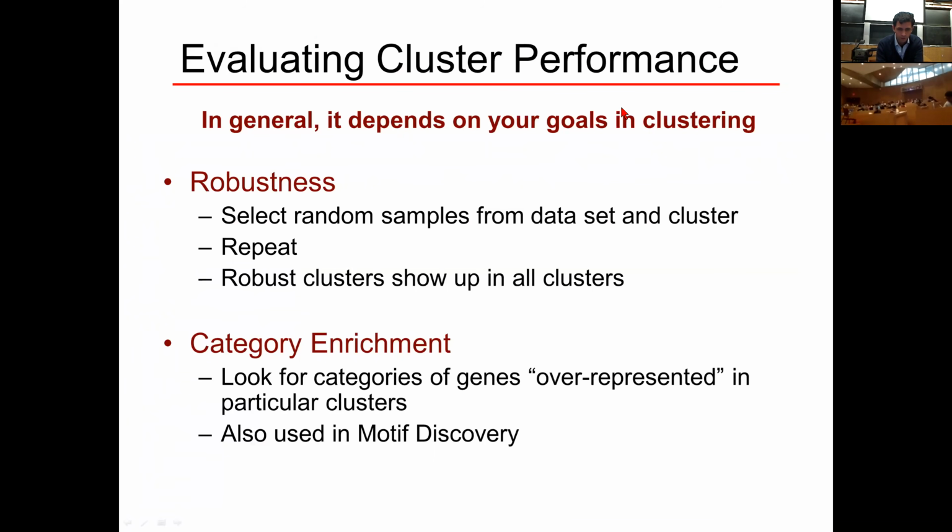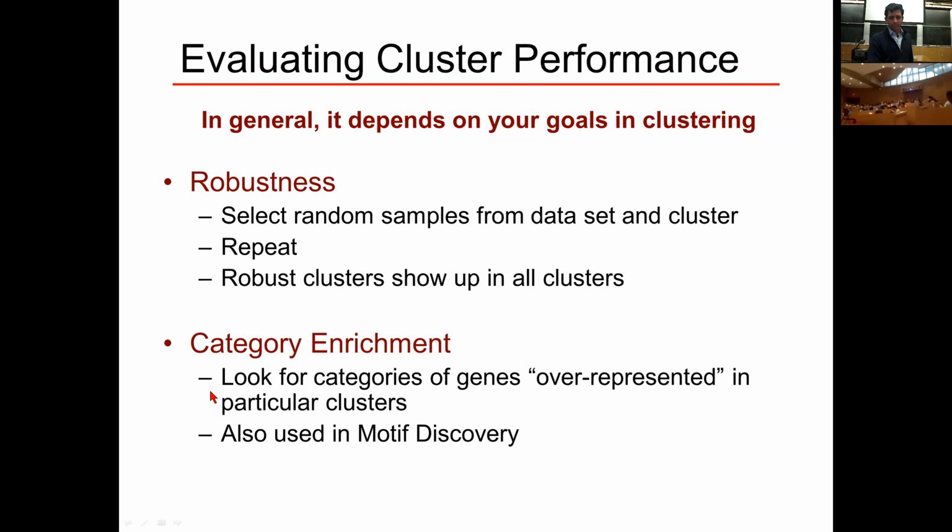So to evaluate the cluster performance, we'd like to know some kind of robustness. We'd like to, for example, randomly select samples from your data set and then cluster those and then repeat. If you have truly robust clusters, they will show up in all samplings. So if you keep sampling subsets of points, the same clusters will emerge. And if they don't, you should worry about whether this was just an example of overfitting.